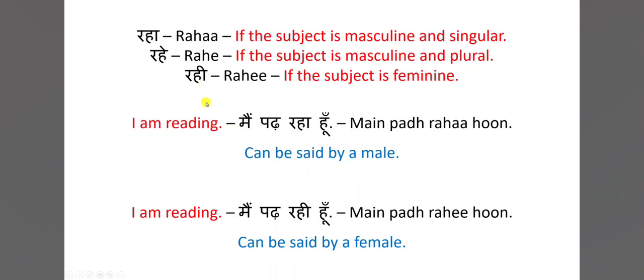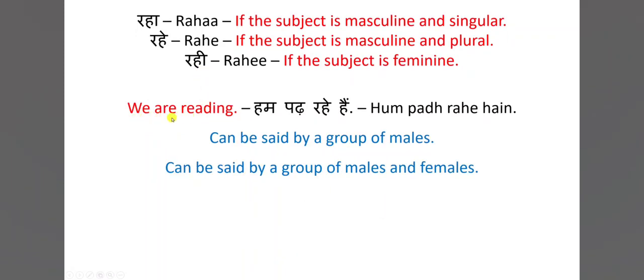Okay. Next, we are reading. हम पढ़ रहे हैं. हम is we, हैं is are, and we already know this. Correct? पढ़ is read, रहे is ing.